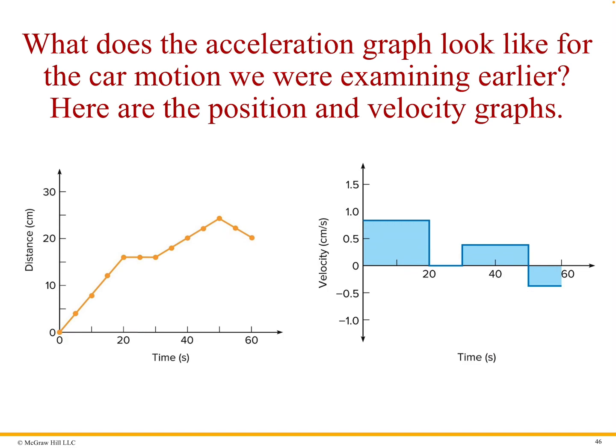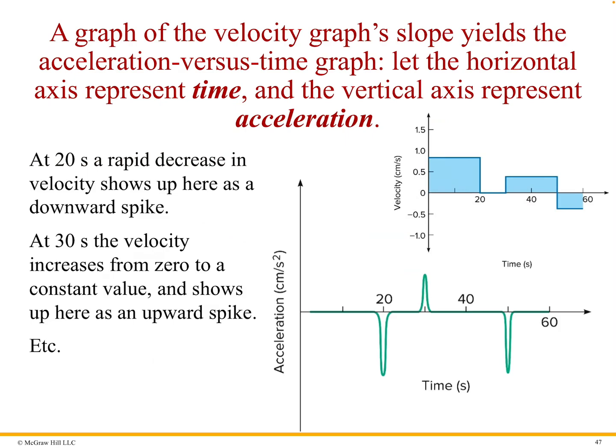Okay, so this says, what does the acceleration graph look like for the car motion we were examining earlier? These are both position and velocity graphs. And this shows the same situation, only with an acceleration versus time graph. Again, in order to find acceleration from a velocity versus time graph, you would find the slope. Well, what's the slope of this right here? There's nothing, right? So it's just a 0 slope. And then it goes all the way down to this 0 velocity at this point.